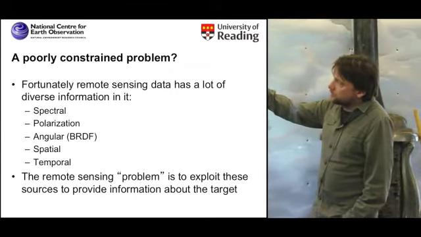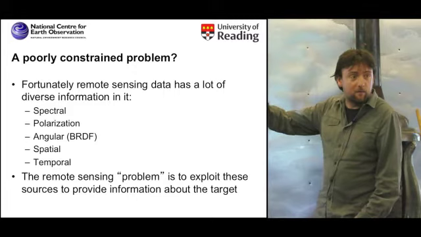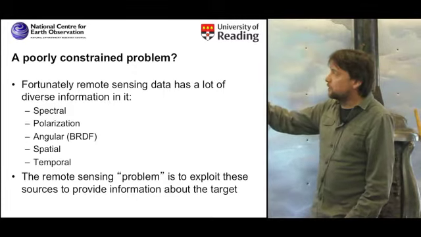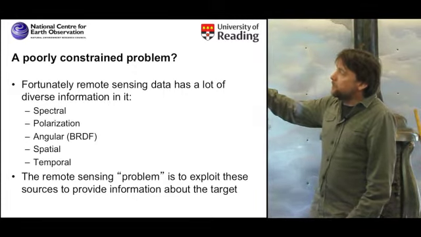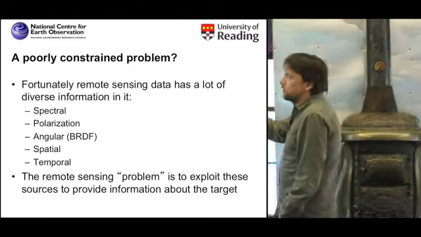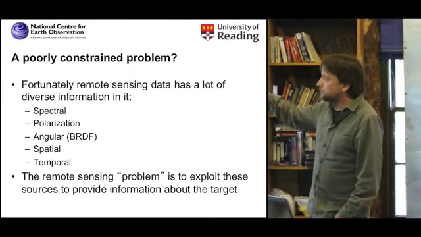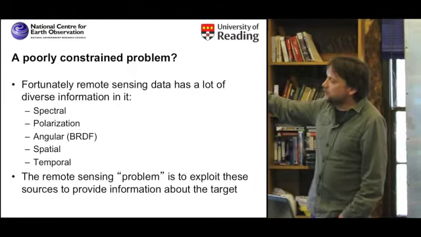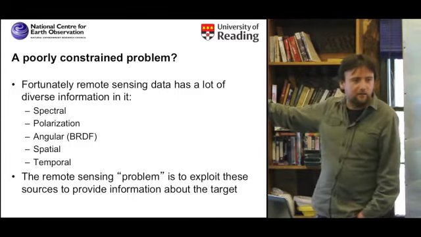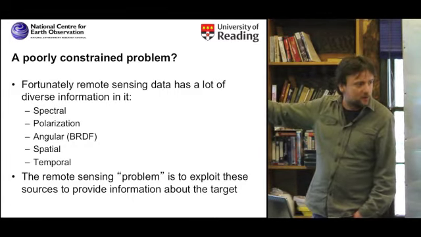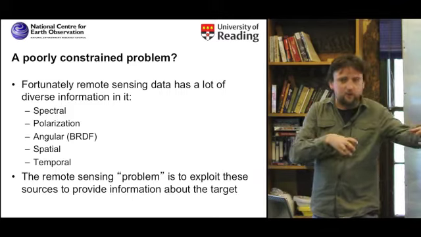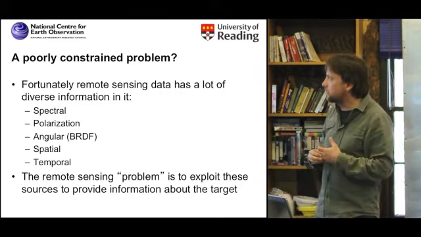So we have information at different wavelengths, which is what I'll talk about mostly over the next hour or so. Information at different polarizations, which I'm not going to talk about much at all. Angular information, BRDF, which is where I cut my teeth. That was what my PhD was on, how you can use observations at different angles to infer information about the canopy.